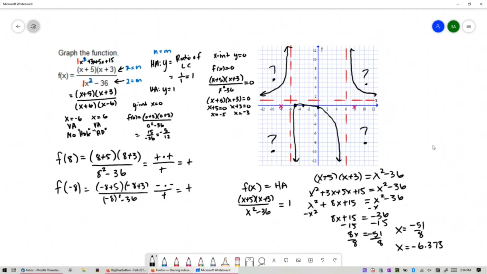So, what does that mean for our graph? Okay, I want to do one more test point. So I'm going to erase this right here and do one more test point.